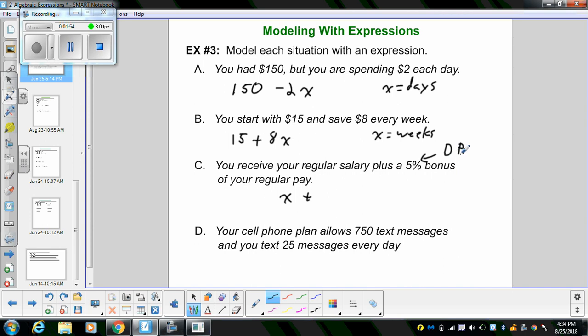Percent to decimal, you go 2 to the left. So I'm going to take this 5 and go 2 to the left, and that now becomes 0.05. Bonus, all of your regular pay, which we let our regular pay be X. So always note what you want your variable to be, so that the reader understands what it needs to be.